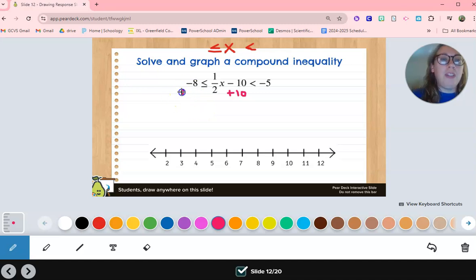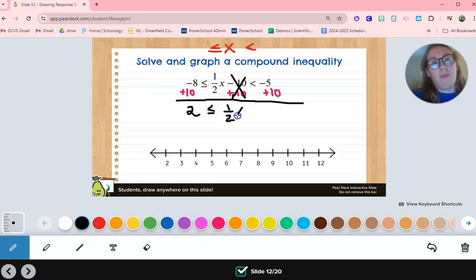But now we don't just have two sides, we have three sides that we have to add 10 to. We need to add it to the left, to the right, and in the middle. In the middle is where it will cancel. Negative 8 plus 10 is positive 2, is less than or equal to 1/2 x, which is less than 5.